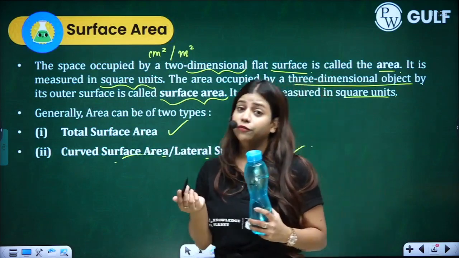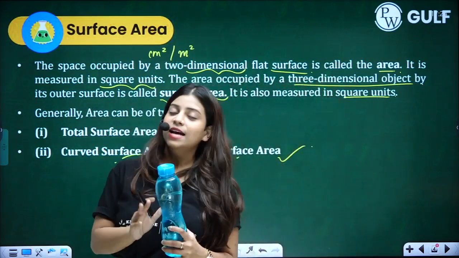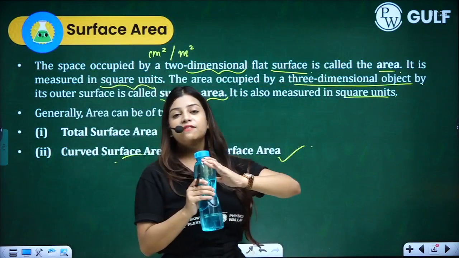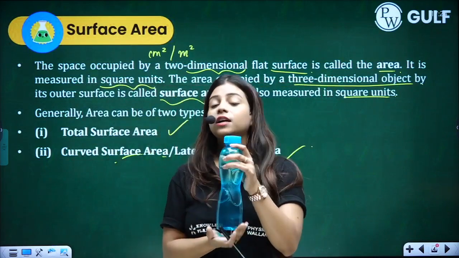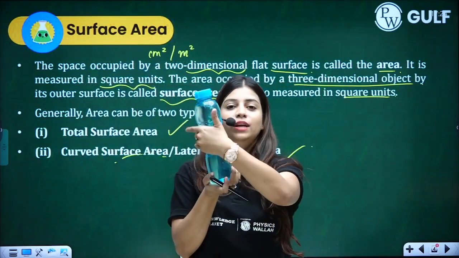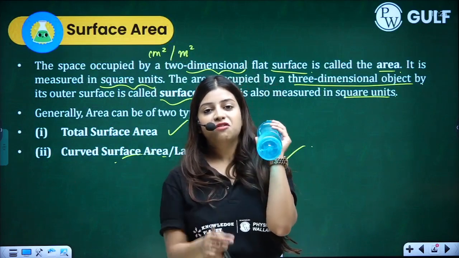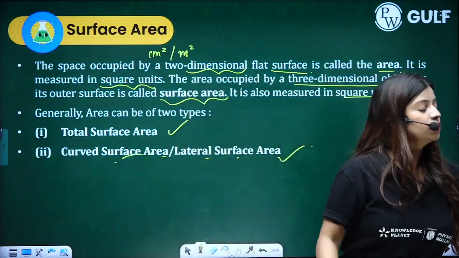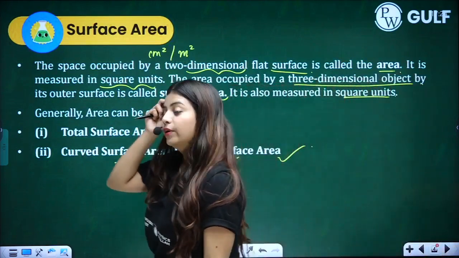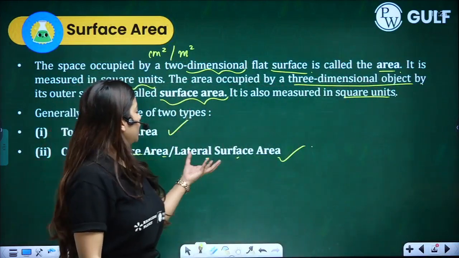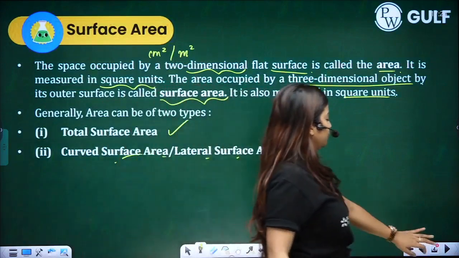You should know the difference between curved surface area and lateral surface area. Whenever we just talk about the curved surface area, students, that means only this curved part; the top of the cylinder and the bottom of the cylinder is not taken. So this is how we deal with the curved surface area and the lateral surface area.